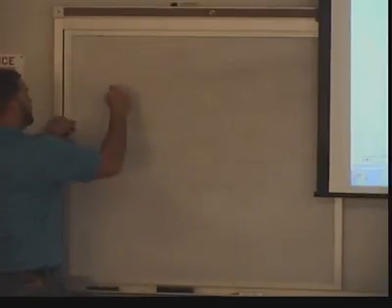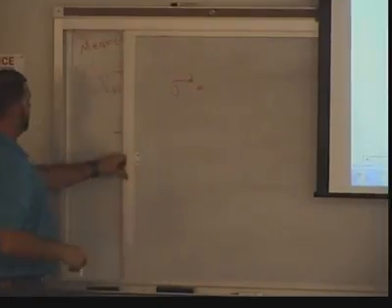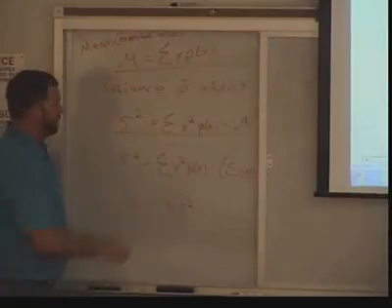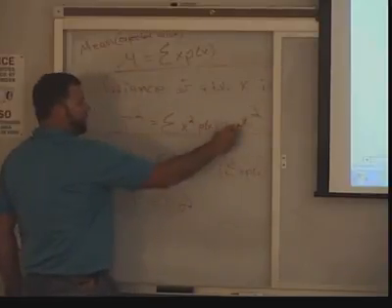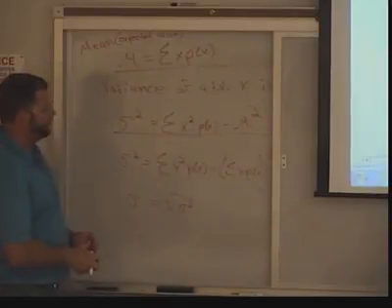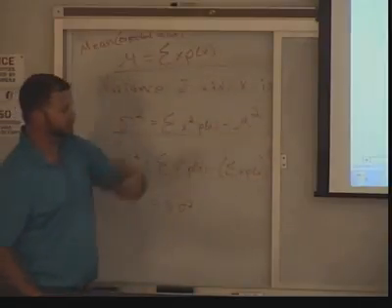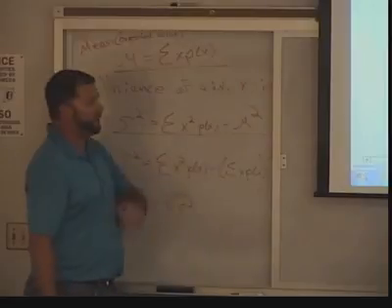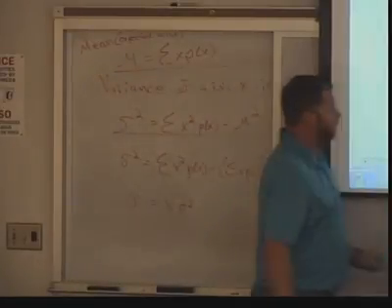Where the variance was equal to, I have it written right here, the sum of x squared times p of x minus mu squared. I've already found mu, it was 3.5. So let's do this formula. Oh, it wants us to find standard deviation, but I'm going to find the variance first, and then I'll square root it. That's why it has this square root over the top.